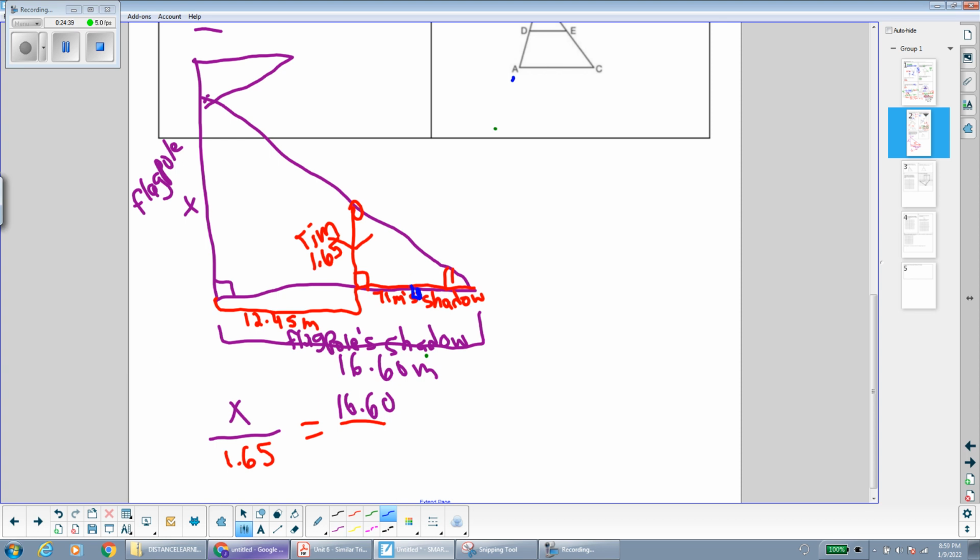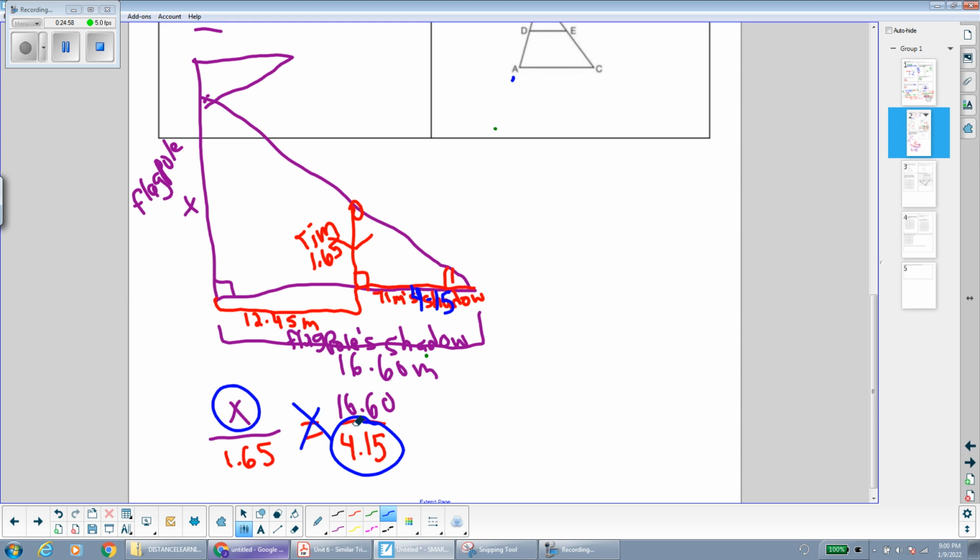So I'm going to put that here. I found that Tim's shadow is 4.15. And I'm going to put that here because that corresponds to this side of the large purple triangle. And from here, all I need to do is cross multiply and solve for x.